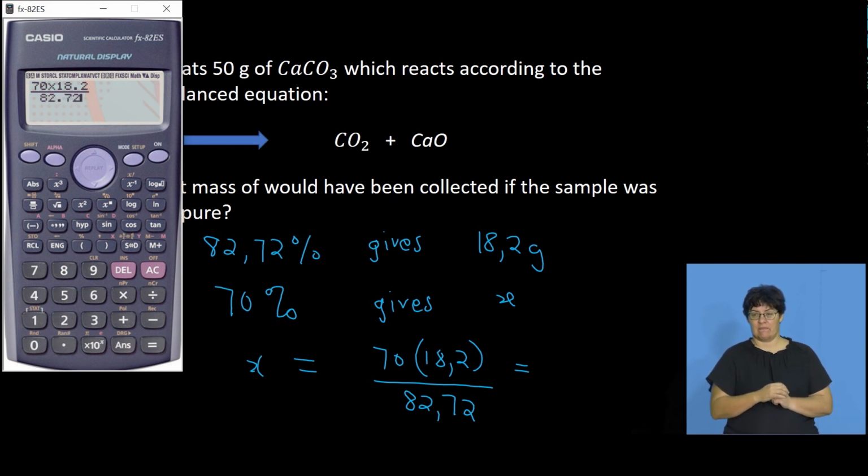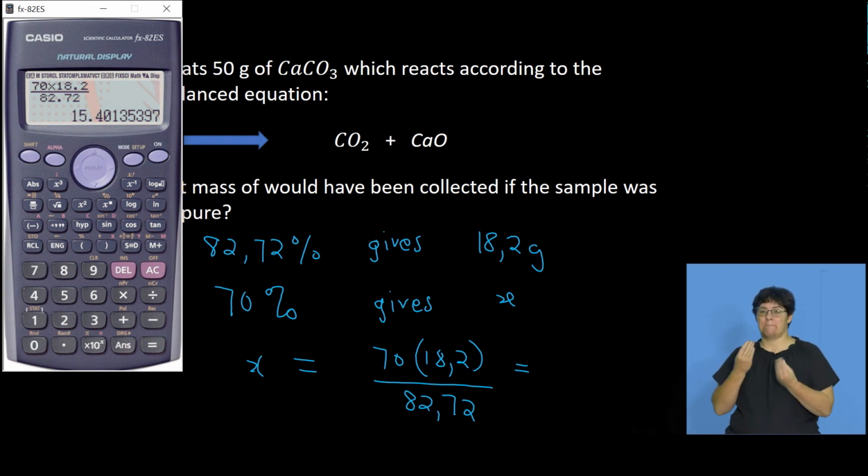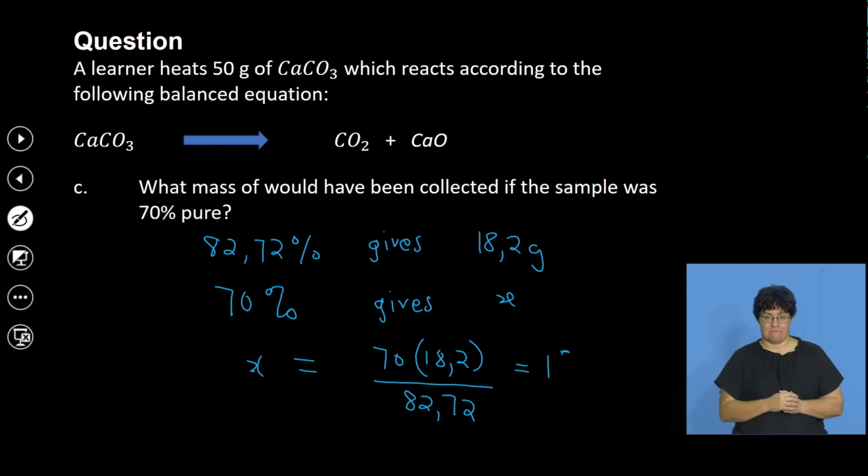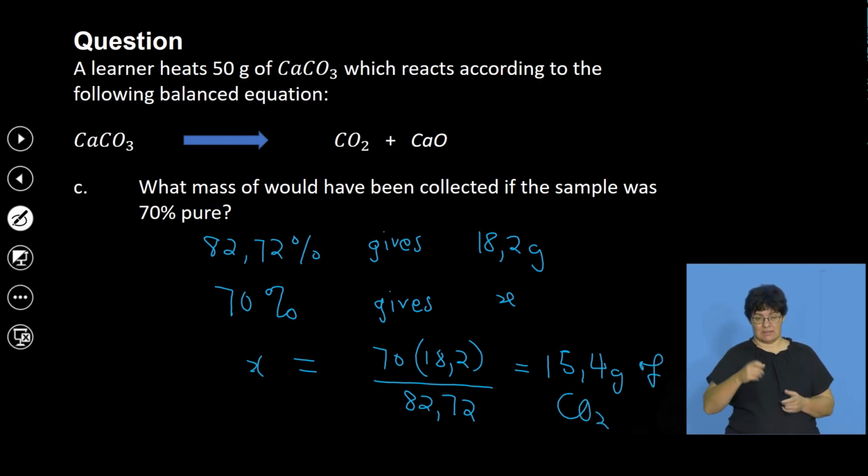But this is just one of the ways of doing it, okay? There are many ways. So if it was 70%, the mass that will be collected is actually 15.4, right? So it will be 15.4 grams of carbon dioxide gas that will be collected. Now, this is the main idea.